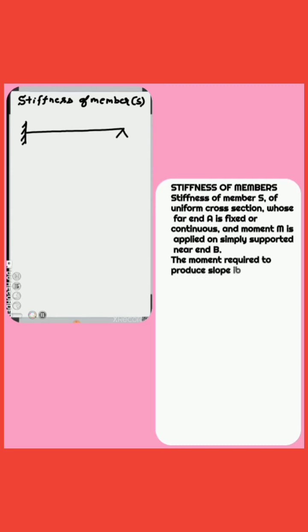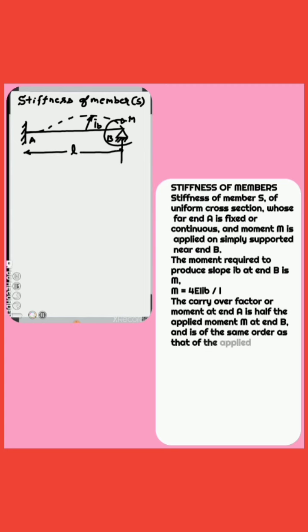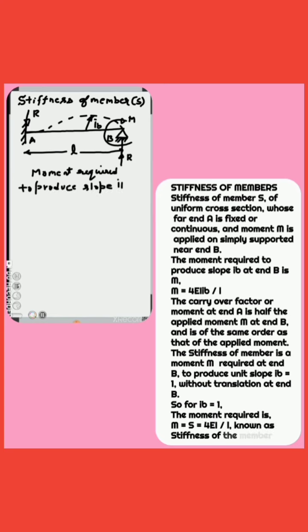Stiffness of member. Stiffness of member S of uniform cross-section, whose far end A is fixed or continuous, and moment M is applied on simply supported near end B. The moment required to produce slope theta B at end B is M. M equals 4 E I theta B upon L. The carry-over moment at end A is half the applied moment M at end B, and is of the same order as that of the applied moment.